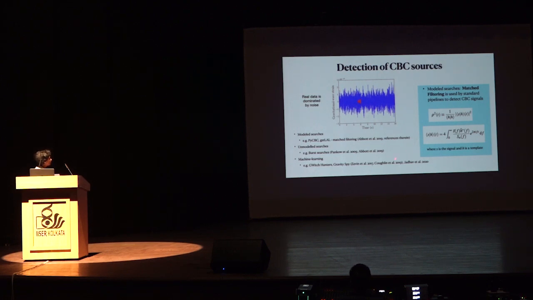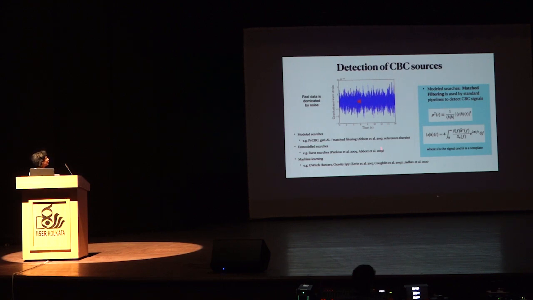There is also a study by Jadhav et al. 2020 in which a machine learning framework is used to further improve the significance of the events that are found from the matched filtering step and reduce the background that is there in the data.